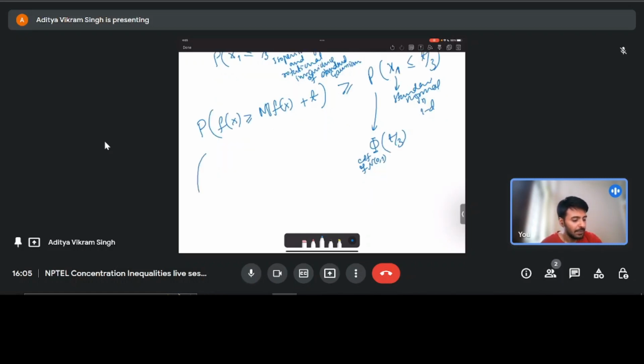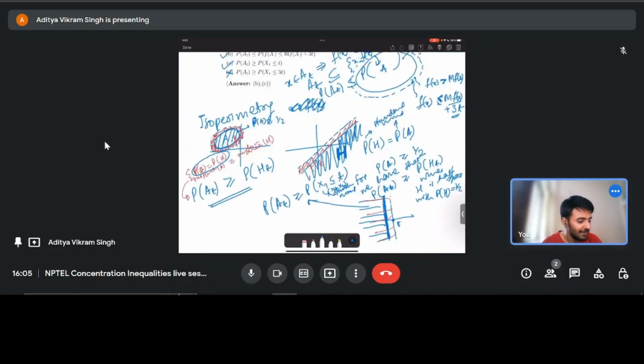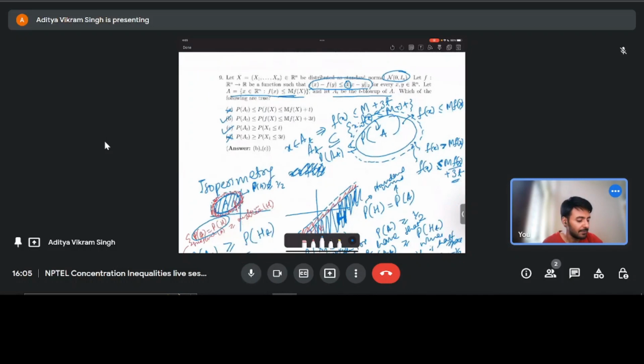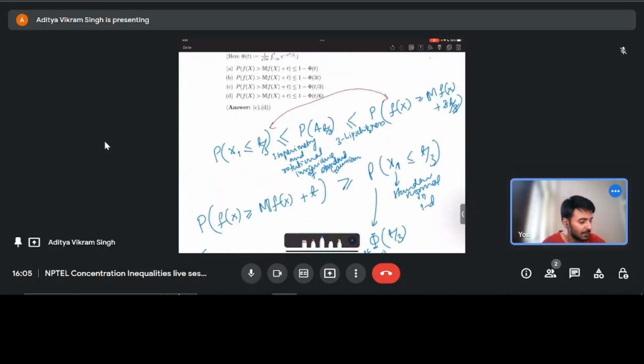Which means the probability of f(x)... what was A here? A was f(x) less than or equal to the median of f(x). So this would be less than or equal to.